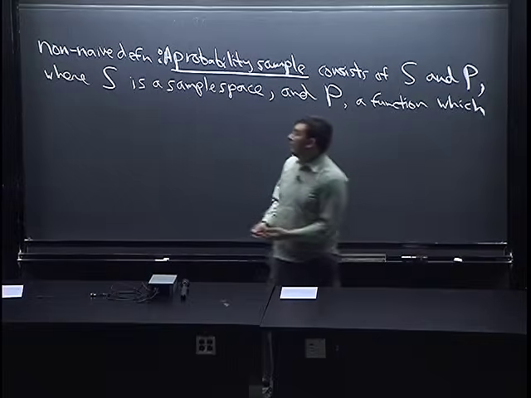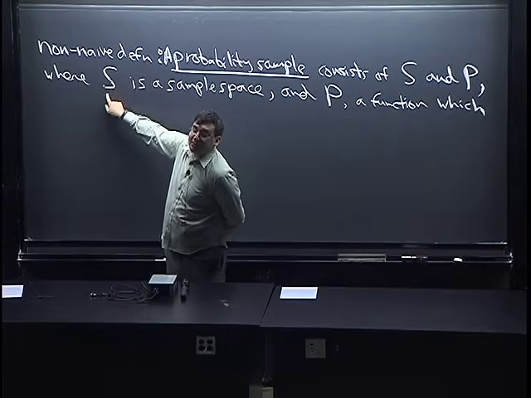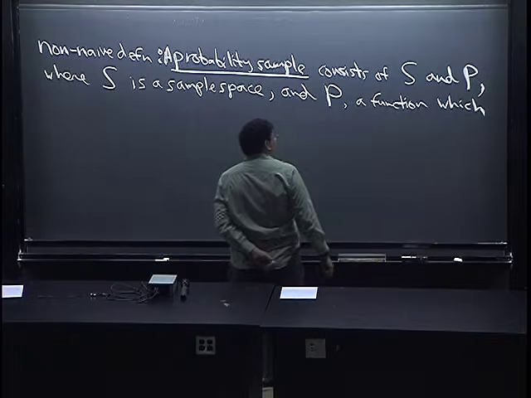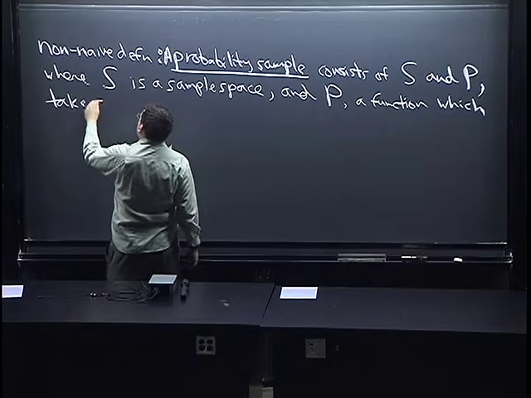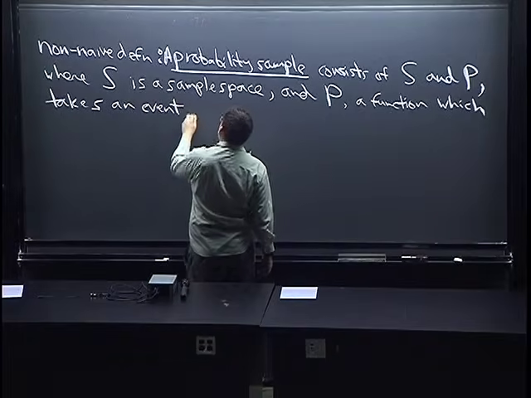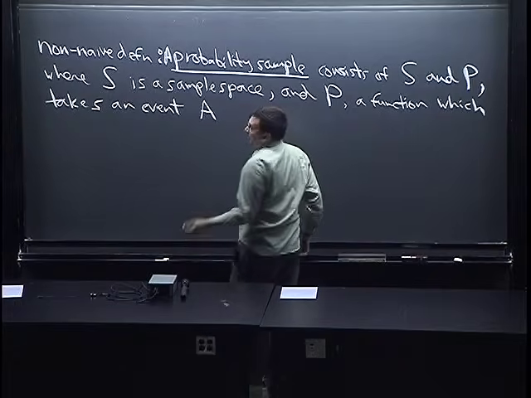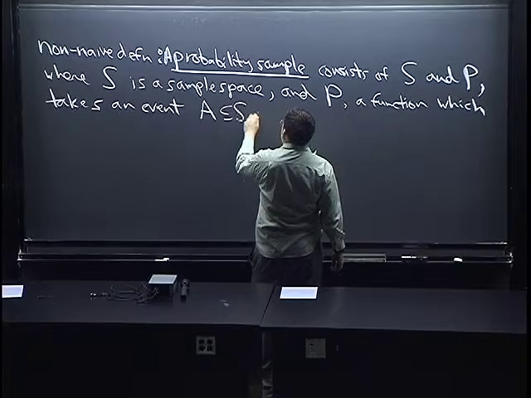Remember we talked before, and there's also a handout that you should look at if you haven't already. An event is a subset of S. So P is a function which takes any event, I'll just call it A, an event A, which is a subset of S, as input.